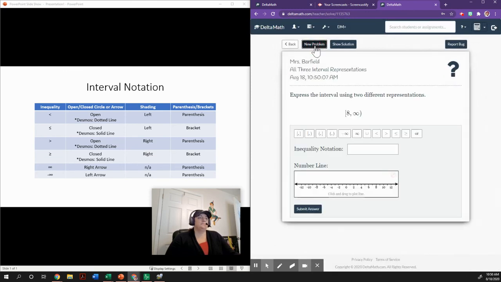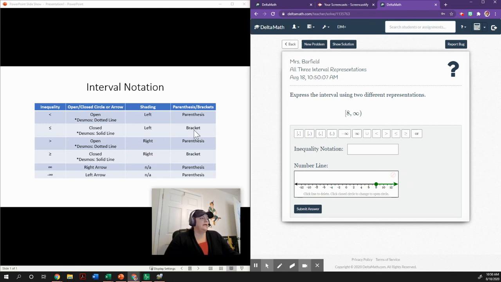Let's try another one. All right. So we've been given 8 to infinity, and we've got a bracket. We got a parentheses. All right. So this bracket means I'm using a less than or equal to or a greater than or equal to. Well, this is 8 going towards positive infinity. So let's go down here on that number line. Do that first. 8 to infinity.